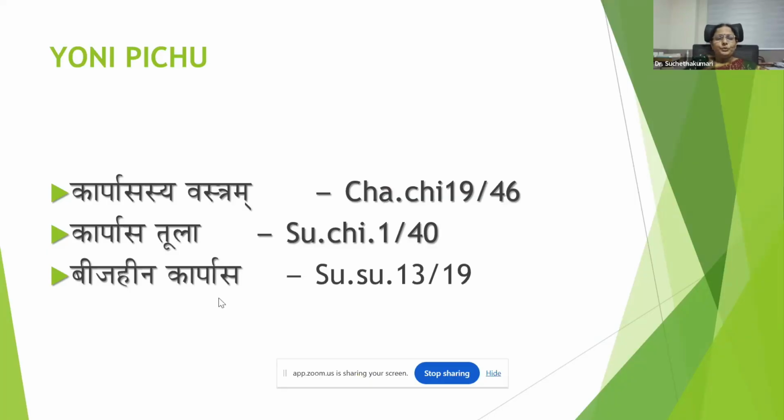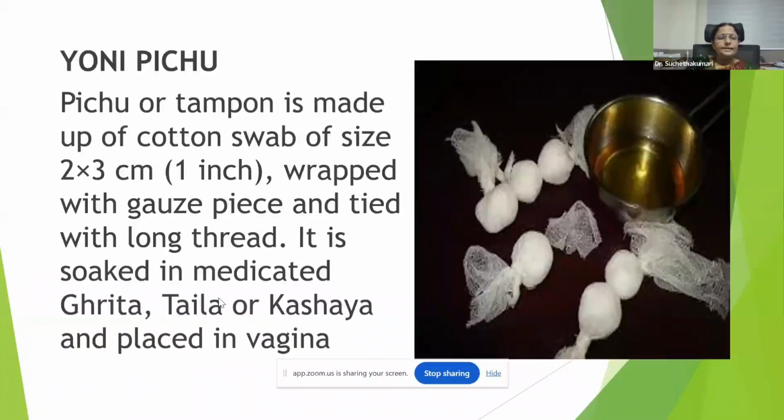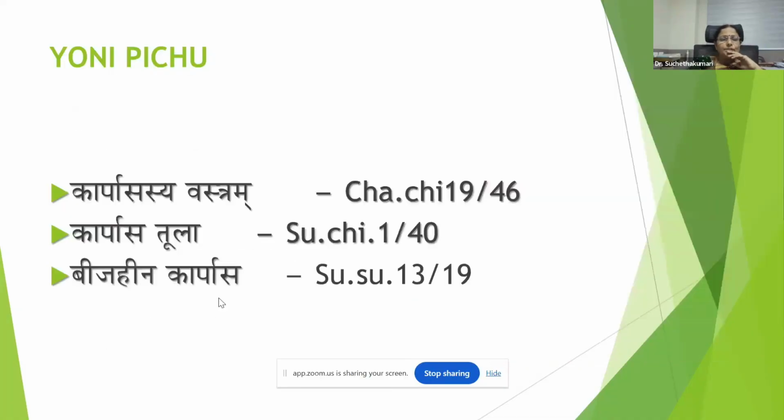Pichu or a tampon is made up of cotton swab and usually the size is 2 into 3 centimeters, or approximately 1 inch, and it is wrapped with a gauze piece and tied with a long thread. So this is the Pichu. In the classics also it is called the Karpasasya Vastram, Karpasa Tula.